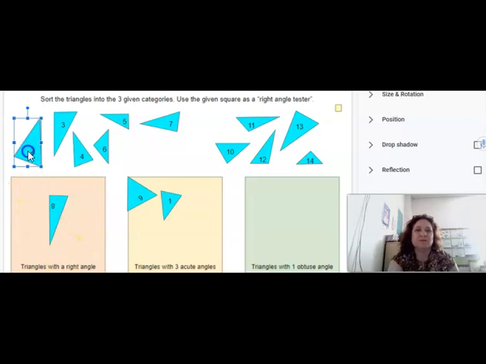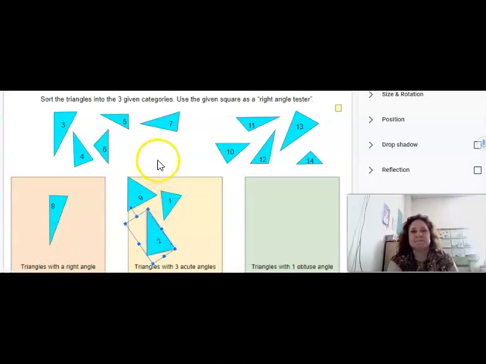What about number 2 here? What do you guys think? Pull it into a corner. See if it lines up. Not so much. Let's see. Nope, look. It's not a right angle. This is acute. Okay. All right, let's see.